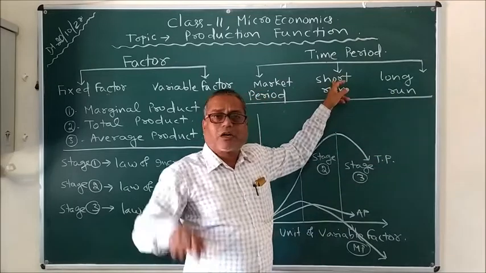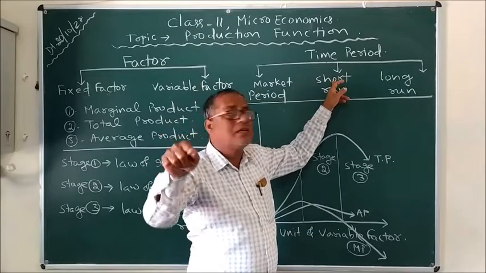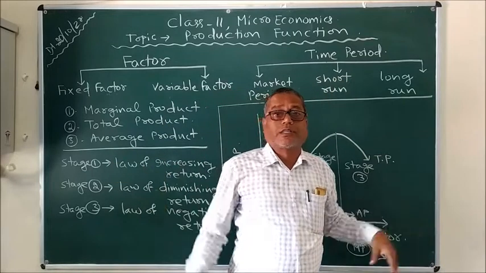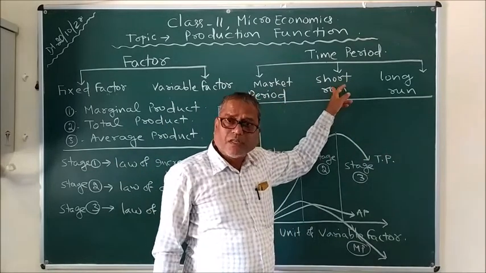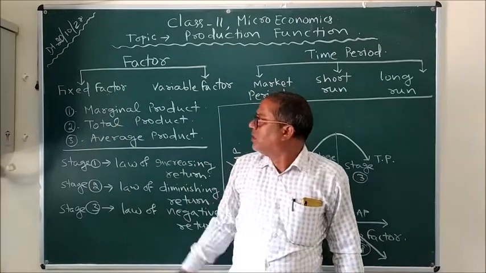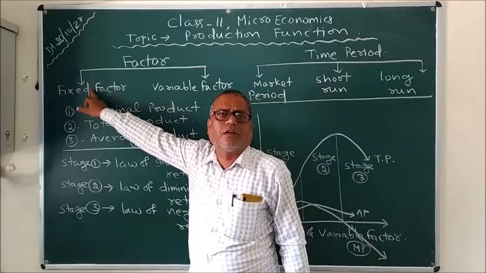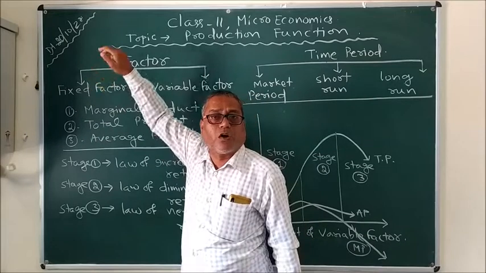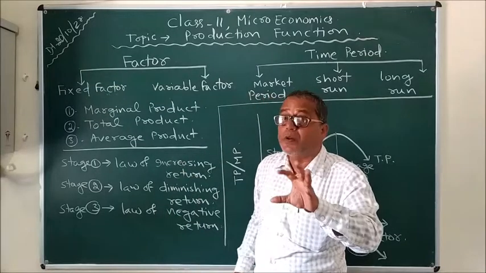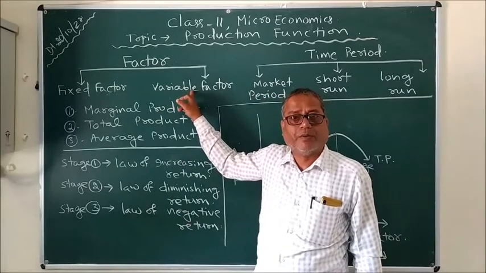That's why we will concentrate all our discussion on short run, and now we will try to understand what short run is. Short run is a time period where we cannot change the number of some factors, which will be called fixed factors, but we can change the number of some other factors, which will be called variable factors.